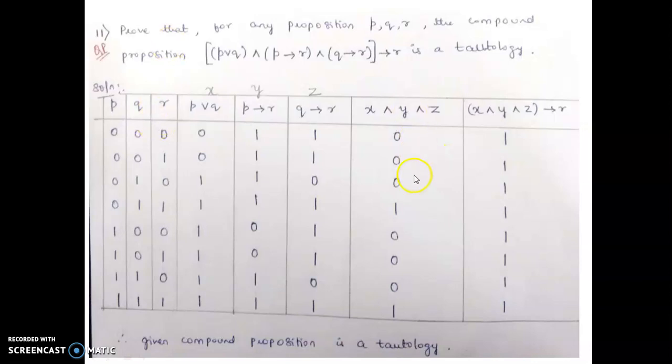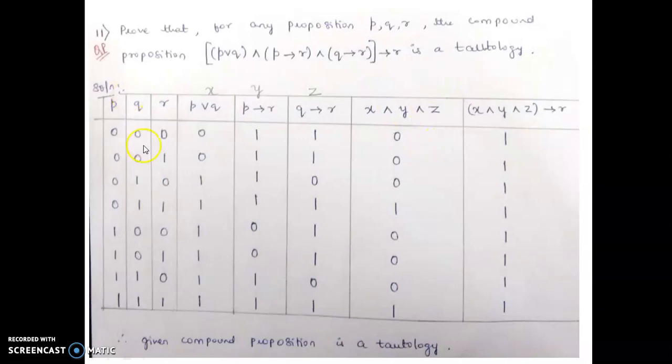So this column 0 1 0 0, it will be 1. Why? Because in our condition, only if our case is 1 0 will it be false, but in all other cases the condition is true itself.